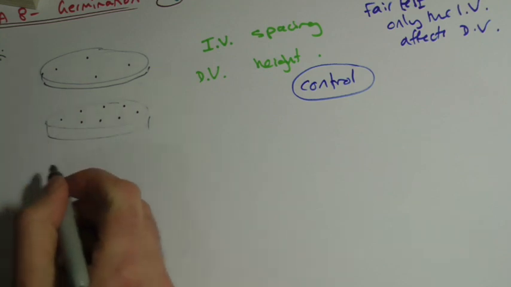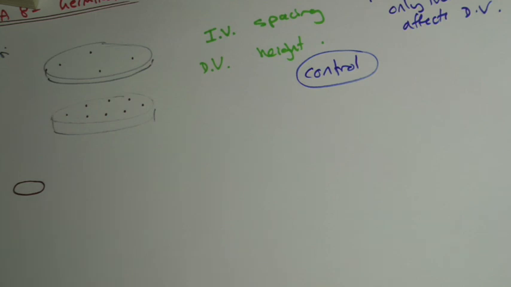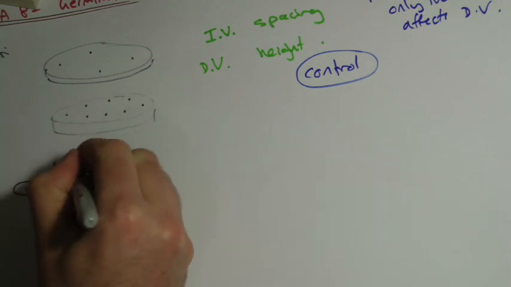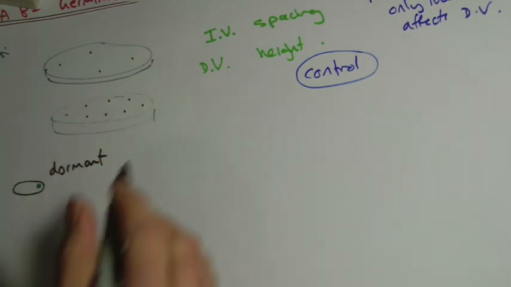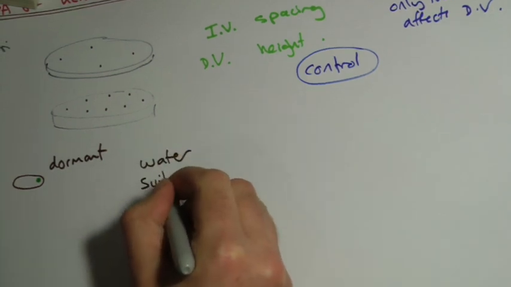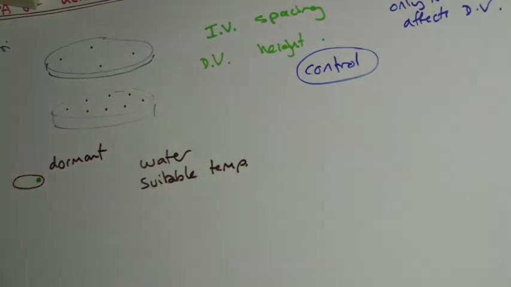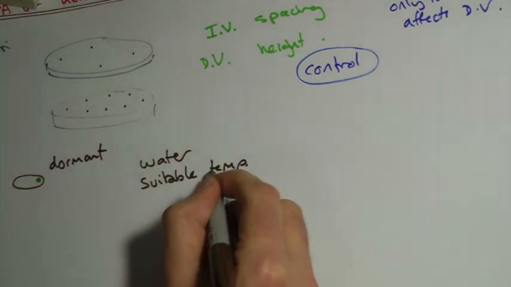So quickly, just to recap germination. Your seed has got a little baby plant in it really, and it's normally dormant, so it's not doing a whole lot. But when we supply it with water and a suitable temperature, which doesn't have to be that high, plants will germinate quite naturally at fairly low temperatures.